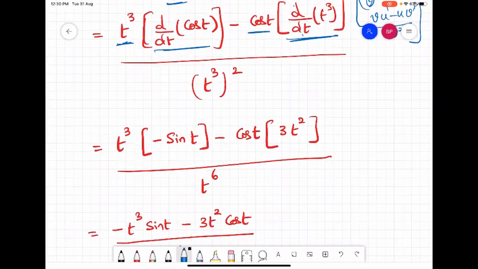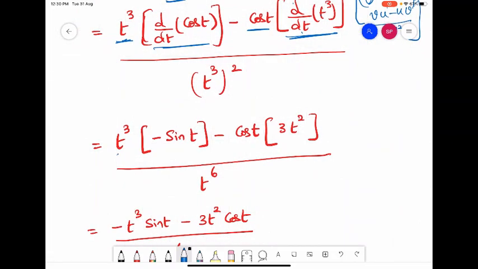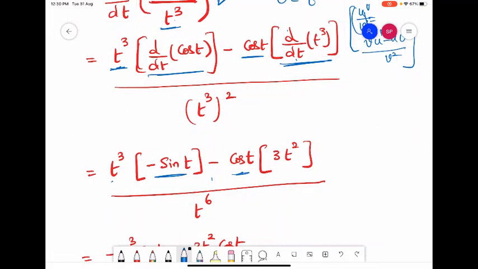So that is t cube into, what is the derivative of cos t? Minus sin t, minus cos t into, now what is the derivative of t cube? Quickly you can use the formula: the derivative of t cube is 3 into t to the power of 3 minus 1, which is 3t square. So directly I have written 3t square by t cube whole square, which is t power 6.